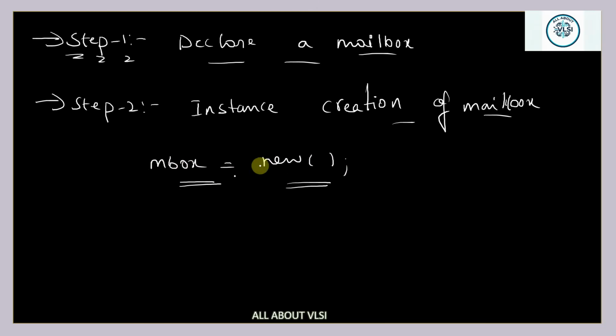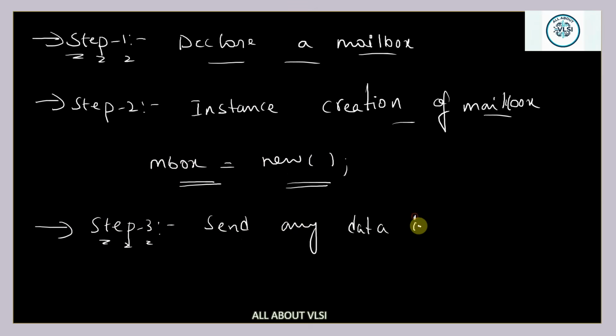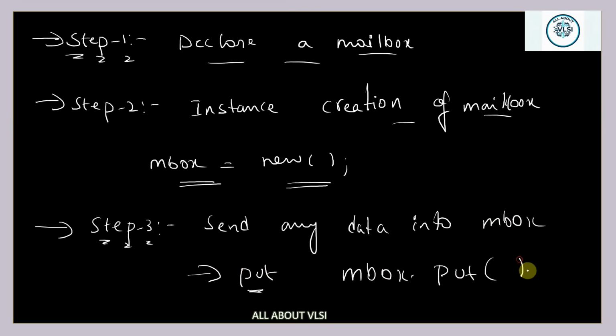After creating it, step number three: if I want to put or send any data into the mailbox, I'm going to use a function known as put. So I use mailbox name dot put, and put whatever data I want into that mailbox.